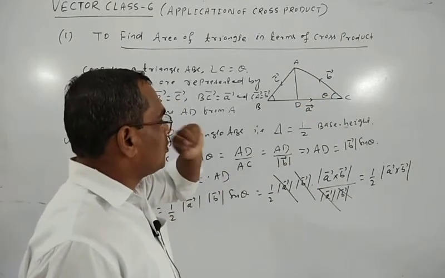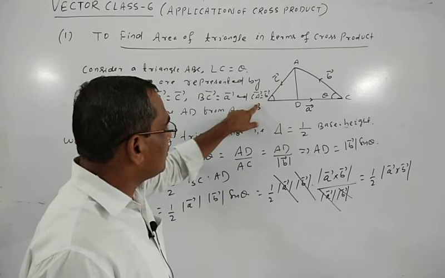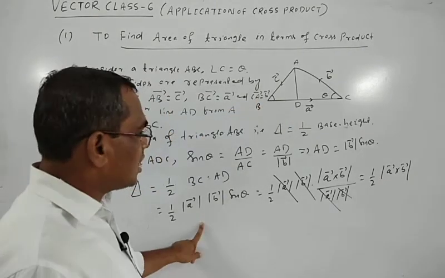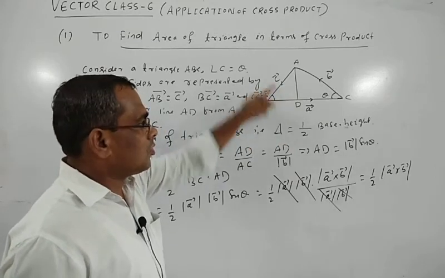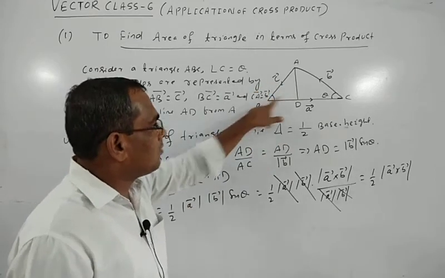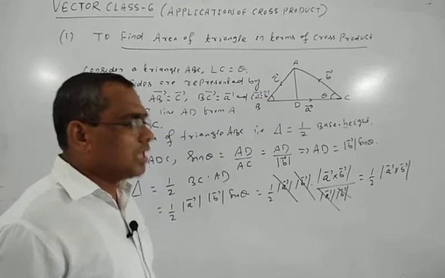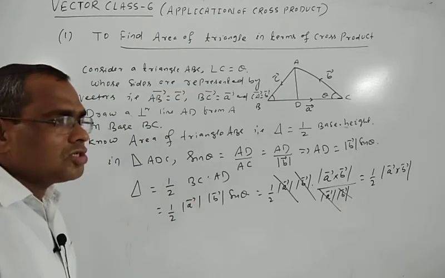Okay, so if we take the right-hand triangle ADB, then here we find the area of a triangle is half into the magnitude of A vector cross C vector. Suppose we draw the perpendicular line BE from B on AC, we get the area of a triangle is equal to half into the magnitude of B vector cross C vector.